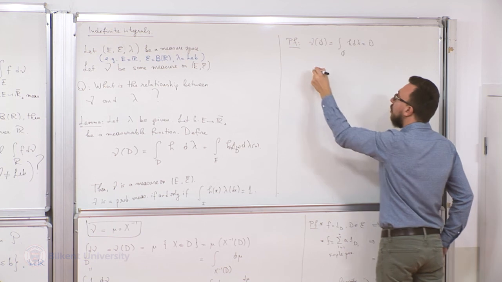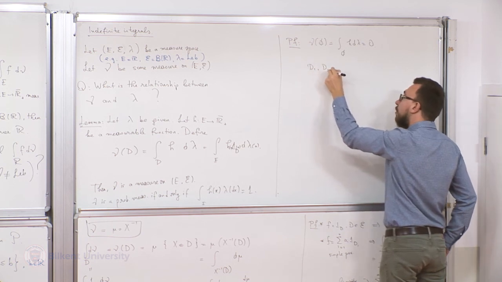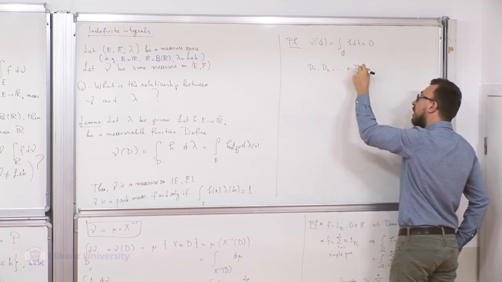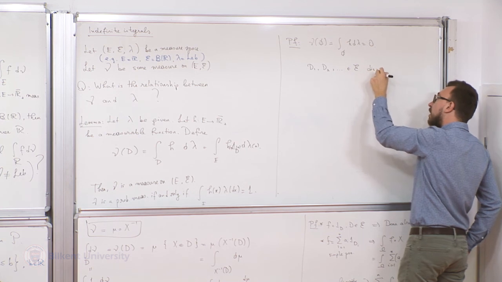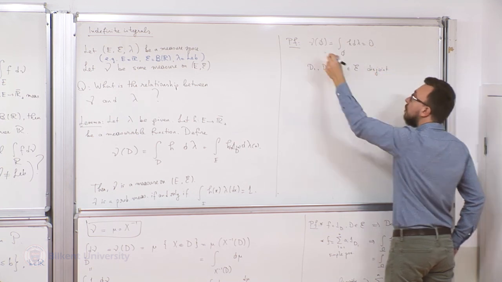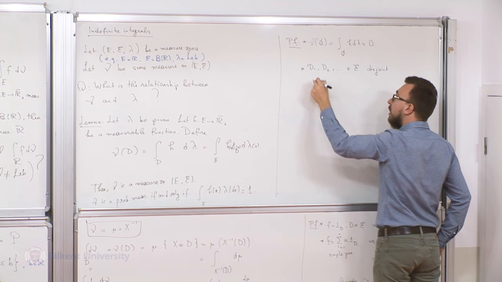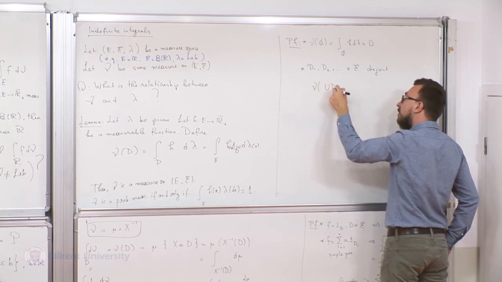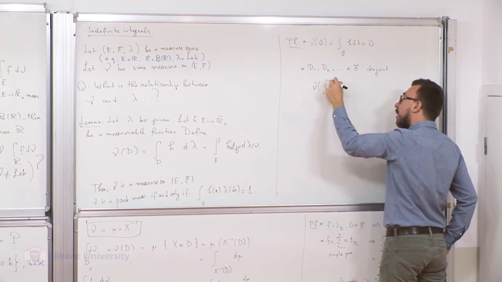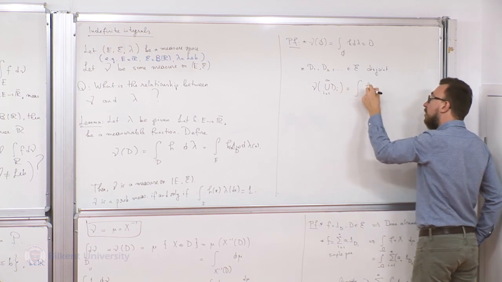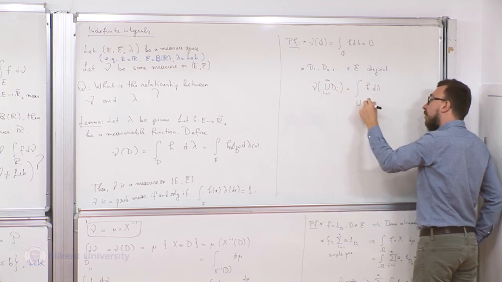And if you have D1, D2 in E that are disjoint, then nu of the union is what? It's the integral of h d lambda over the union.